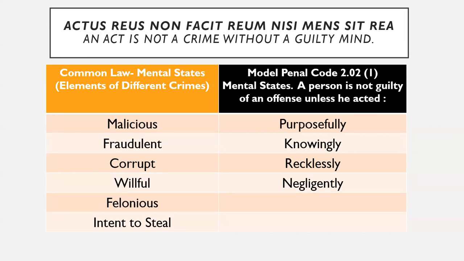In fact, the common law had up to 80 categories of mens rea. We are going to be focused on the 4 categories that are listed in the Model Penal Code, section 2.02(1). But whether you're in common law or in the Model Penal Code, this statement that I'm about to make is a truth.